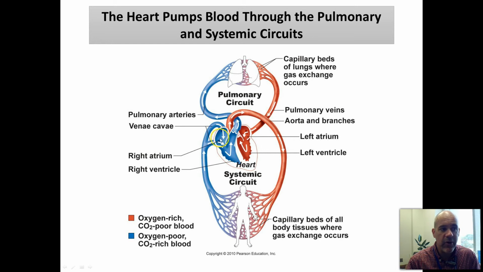If a blood drop is starting here in the right atrium, it is going to have to go through the whole pulmonary circuit back to the heart, and then it enters the systemic circuit, goes to whatever body location it is, where it's going to drop off its oxygen gas and pick up the CO2, and then it has to come back through the system of veins back to the heart. So it's always this one-way street, this one-way direction of flow.